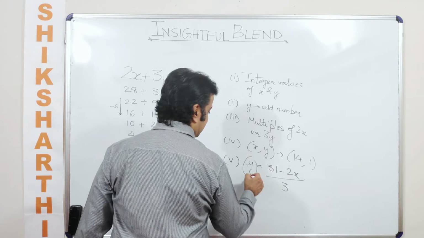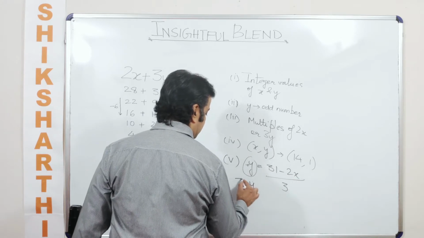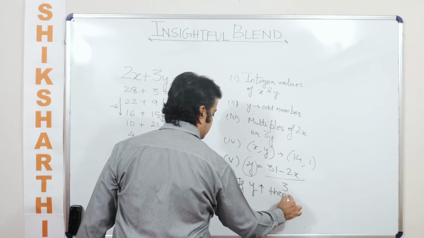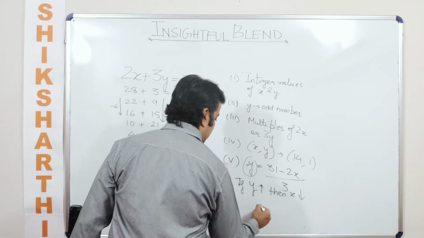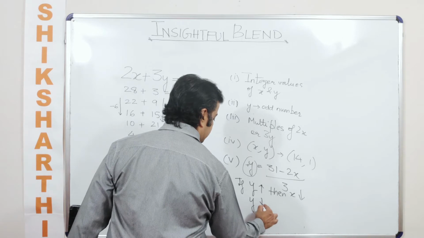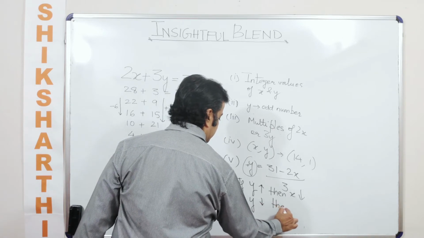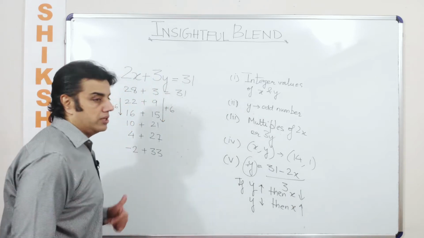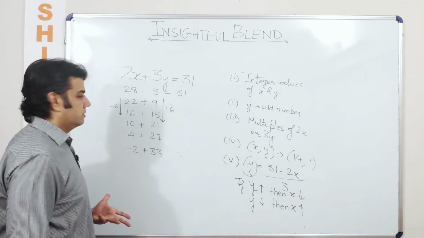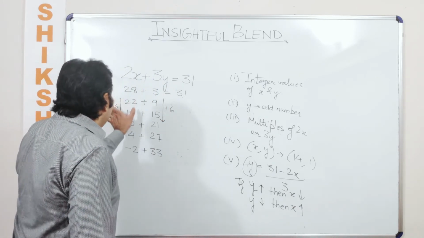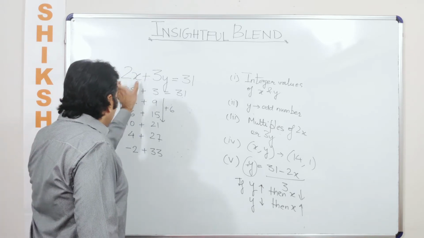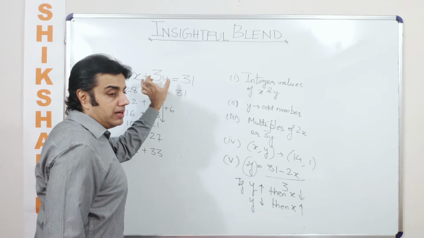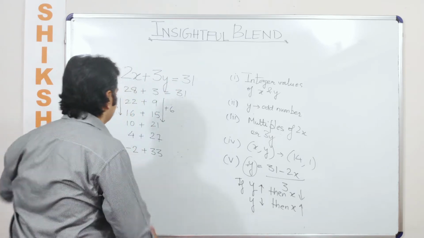So can I say if y increases, then x should decrease, and analogously if y decreases, then x should increase. And y increases or decreases by what amount? Here we are talking about the multiple, the value of 2x increasing or decreasing by 6, and the multiple of 3y either decreasing or increasing by 6.